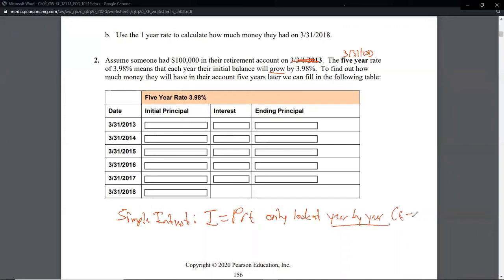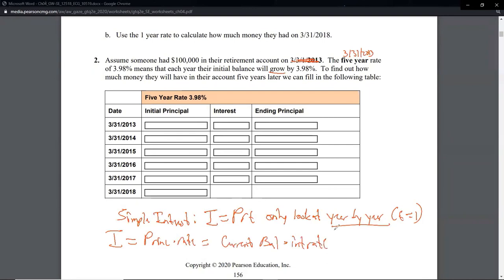So that makes t equal to 1 each time. So a better way of saying this is that the interest is just the principal, or the current balance, times the interest rate. So again, it's the current balance times the interest rate.